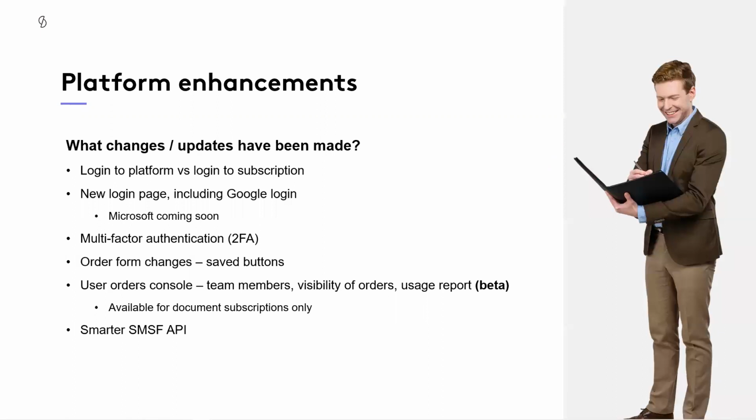So what has been happening from a platform point of view? There have been a fair bit of things going on that I would say are more operational to you on a day-to-day basis, as opposed to being added on in terms of documents and the like. So the first one here is just a little shift that we've made in the description on the Smarter SMSF website when you log in, because what we were finding is that people were confused.